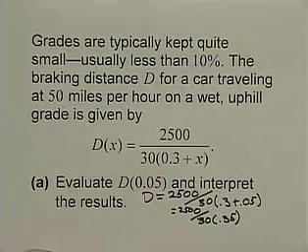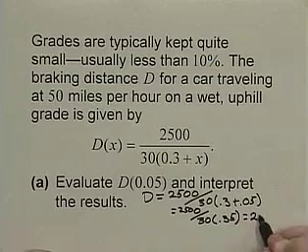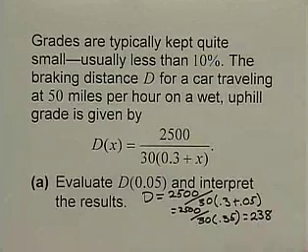When you do that, you come up with the answer d is equal to 238. So it takes 238 feet to stop going uphill on wet gravel at 50 miles per hour with a 10% grade. How about part B of this problem?